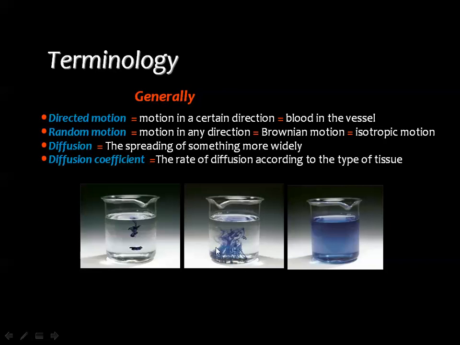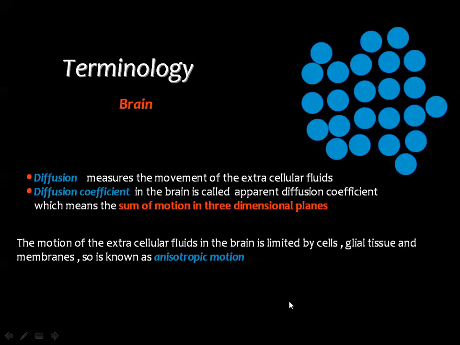But if you wait more time, then you can see that the ink is almost homogeneously distributed through the water. What is the relation between the diffusion of ink in water and the imaging of the brain tissue?